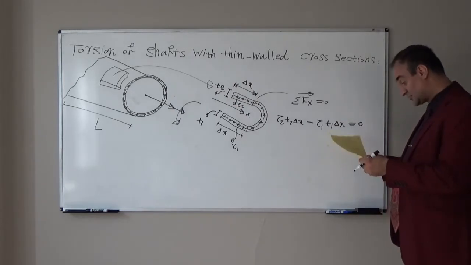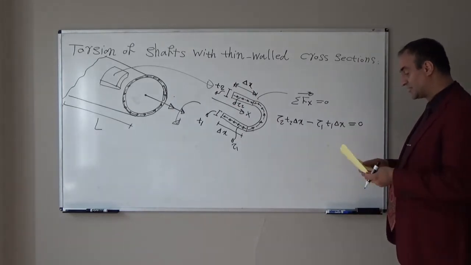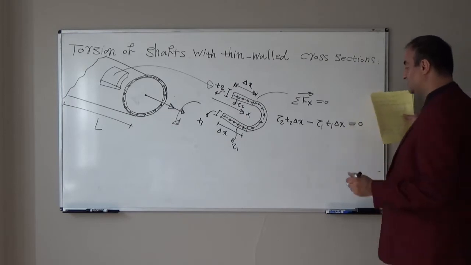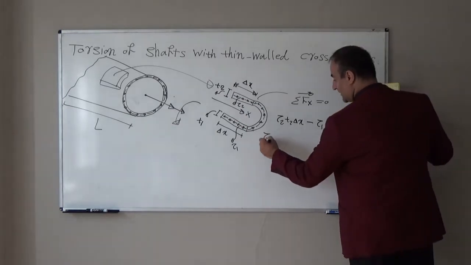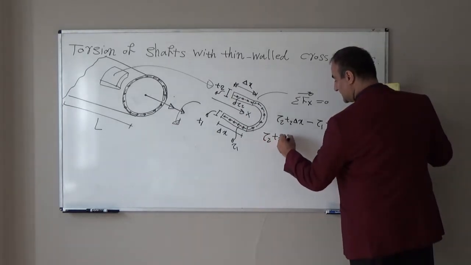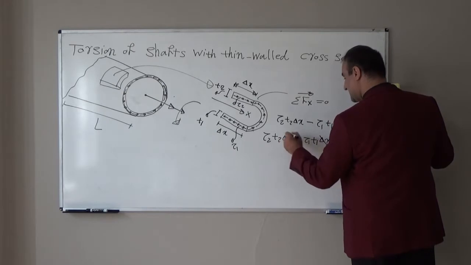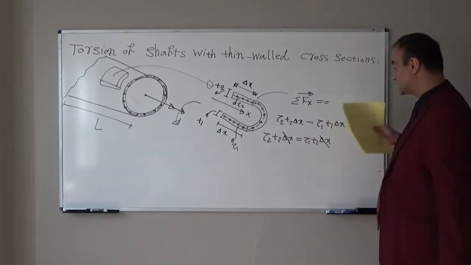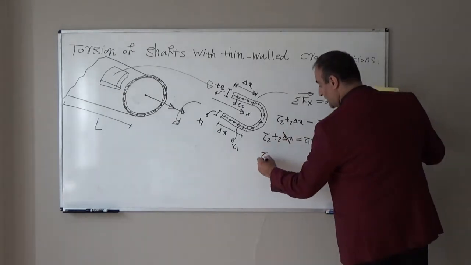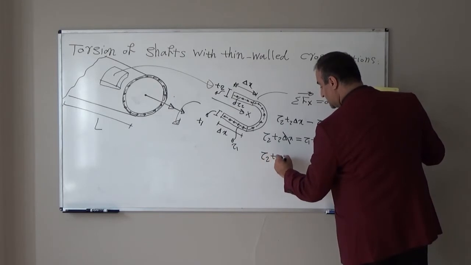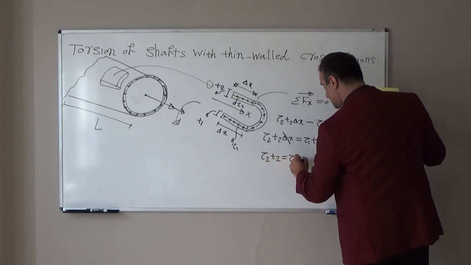Summation of forces in the horizontal direction is equal to 0. From here, tau 2 T2 delta x will be equal to tau 1 T1 delta x. Delta x from both sides, they will cancel each other. So tau 2 T2 should be equal to tau 1 T1.